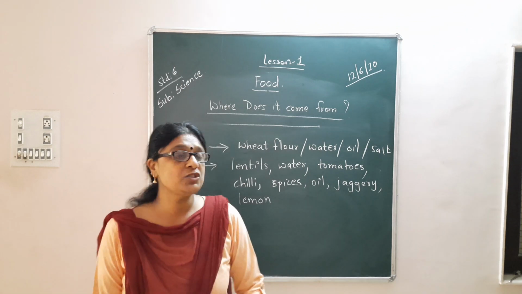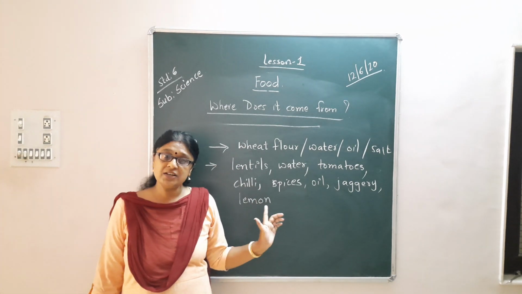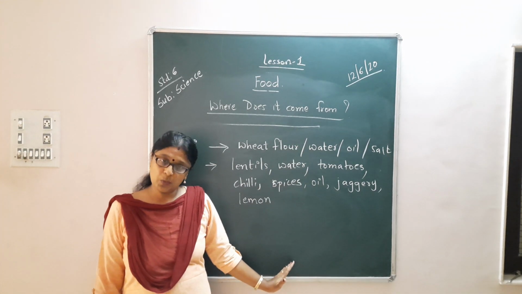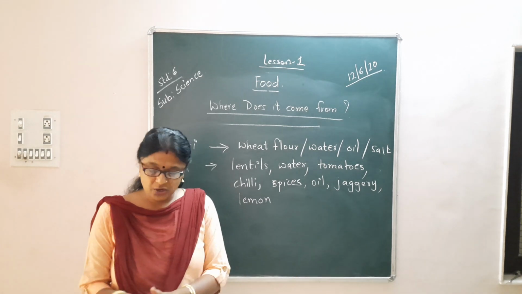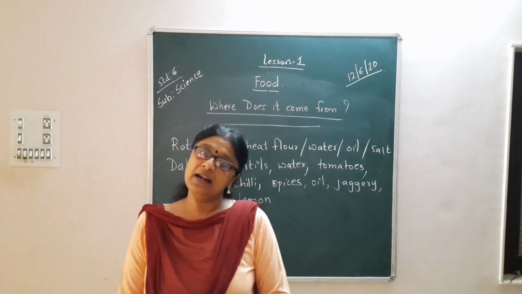So in today's topic we have studied about ingredients, right? Please go through this, have a quick recap and revise this video. We'll continue in the next class with the next topic, food materials and sources.